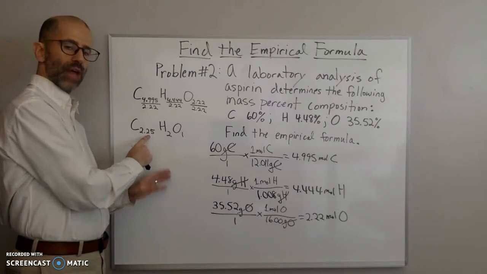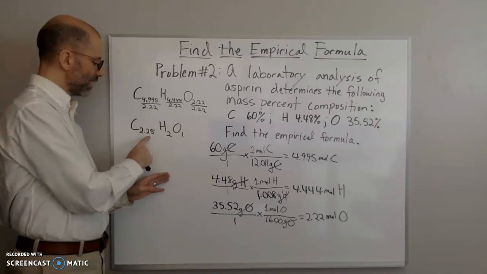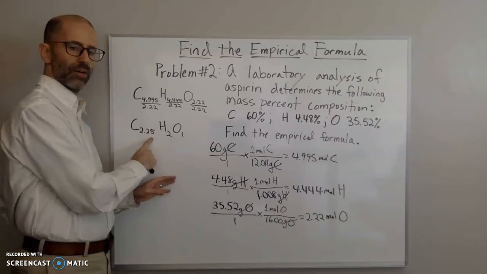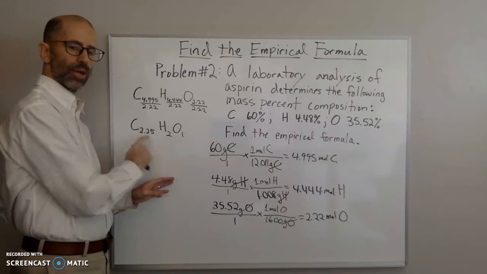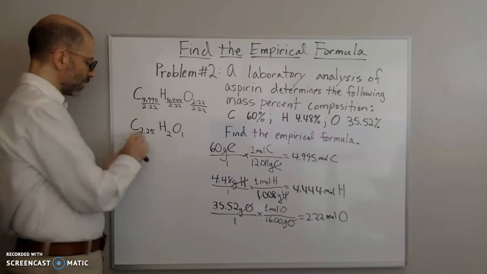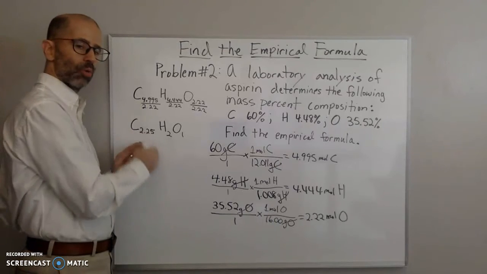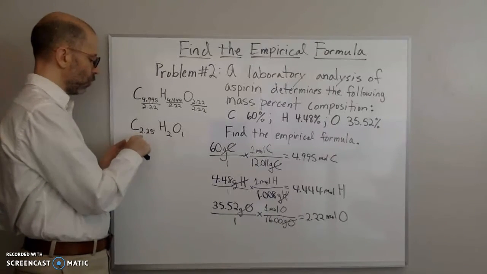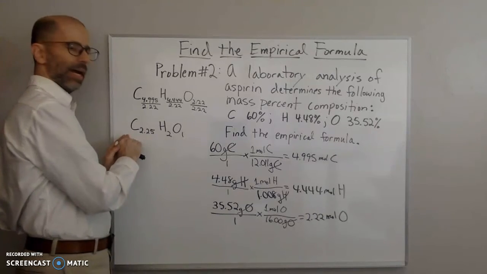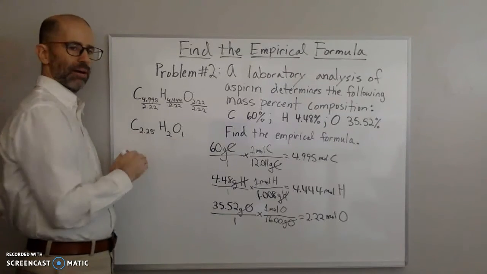Okay? So now, if I recognize that as 1/4, that's a fraction that I can get rid of by multiplying by 4. So I can multiply by the denominator. So I can get rid of that 0.25 or 1/4 by multiplying by 4. But to keep my ratios, I multiply everything by 4.